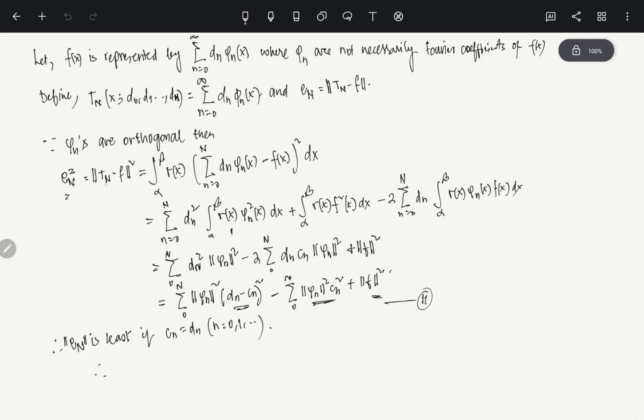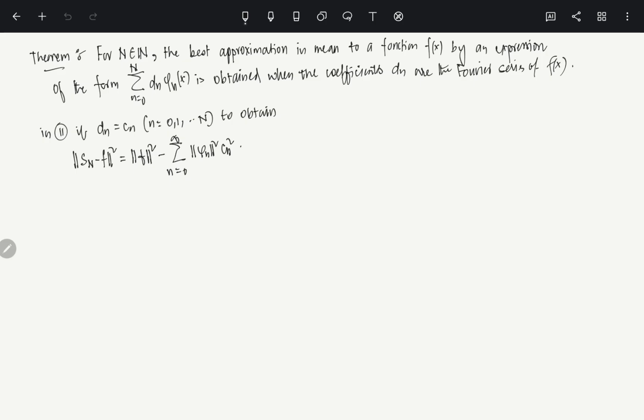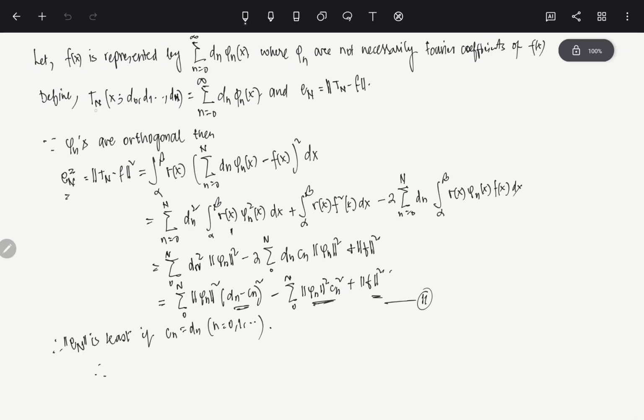The tn will be sn in that case, because dn and cn are basically the same. So what is the norm of sn minus f square? It is this one and this one, and this term is gone because dn equals cn. Is it okay?